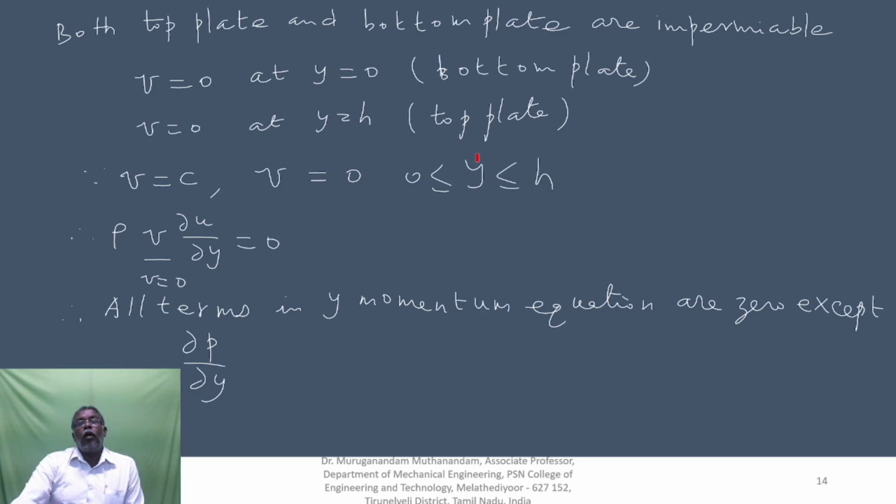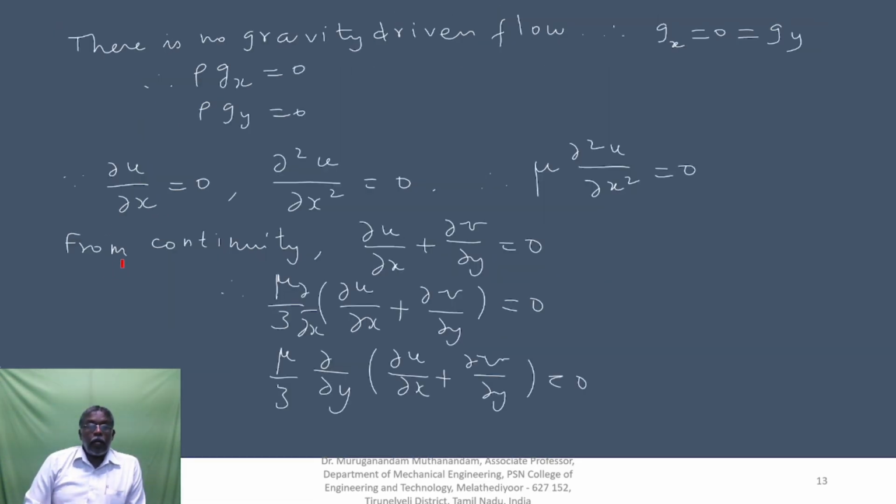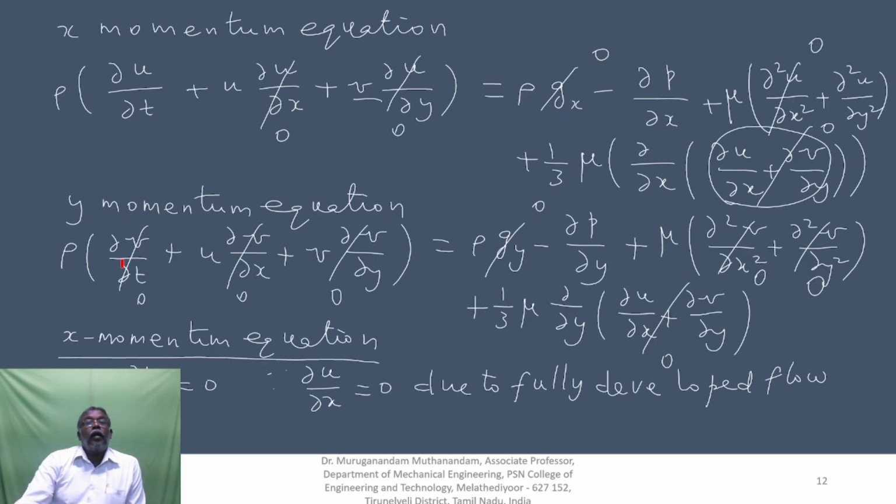That is, at all locations of the fluid flow between the top plate and bottom plate, the y component of velocity is 0. Therefore, the product, which is the third term on the left hand side, rho v multiplied by partial u upon partial y, is equal to 0 because v is equal to 0.